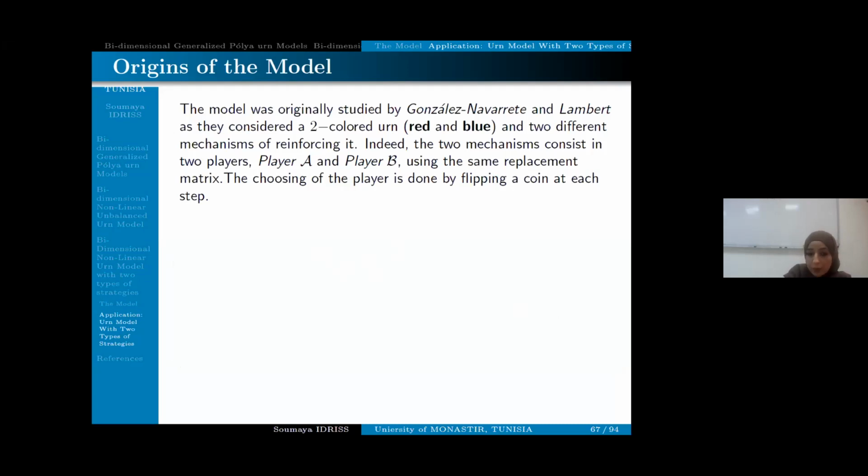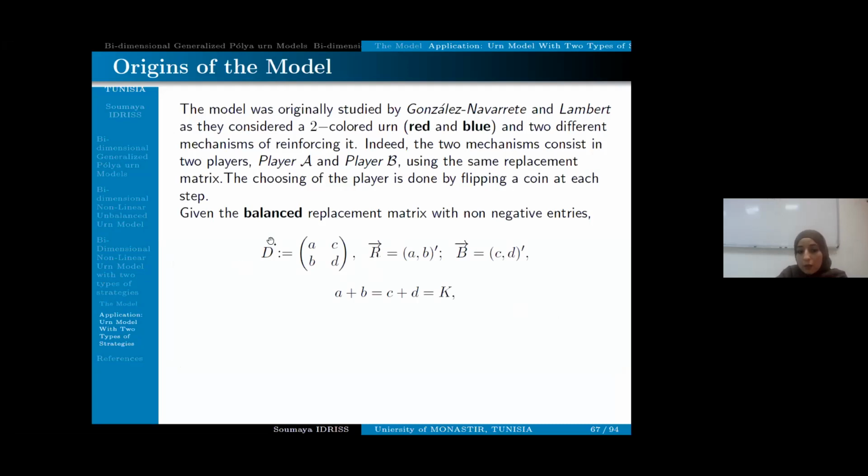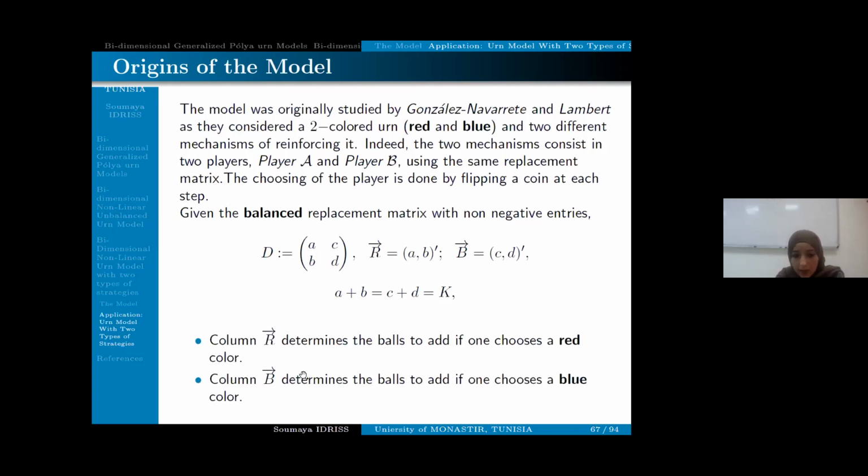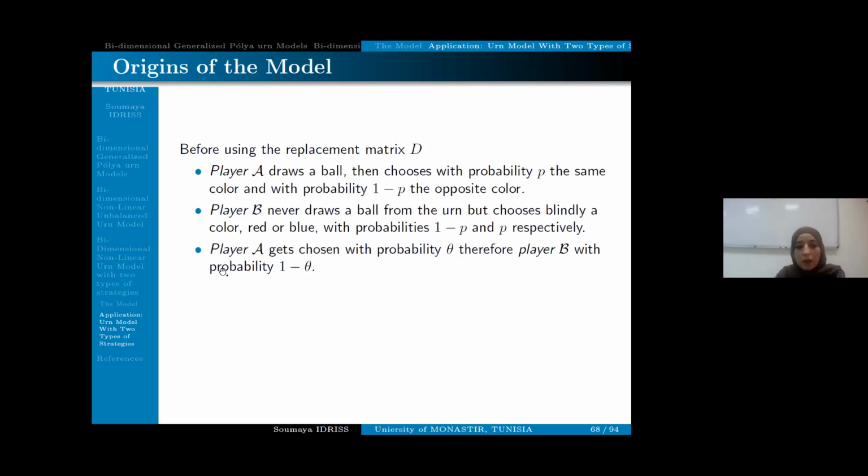The choosing of the player is done by flipping a coin at each step. The matrix used by Gonzalez and Lambert is balanced, and the first column determines the balls to add if one chooses a red ball. The second column determines the balls to add if one chooses a blue ball.